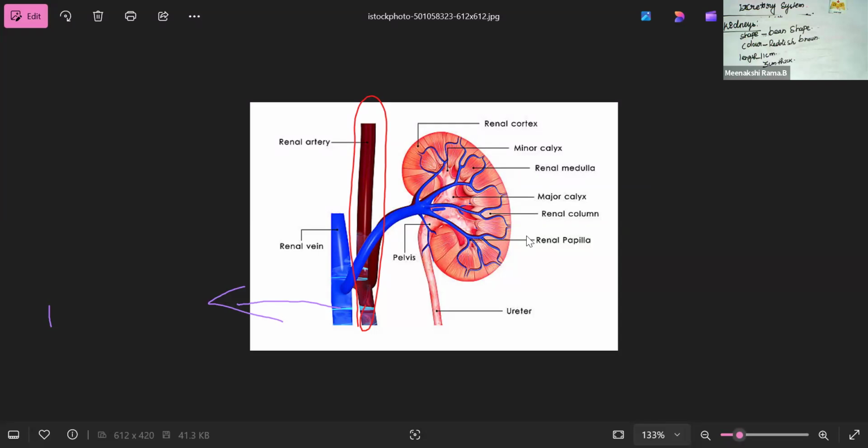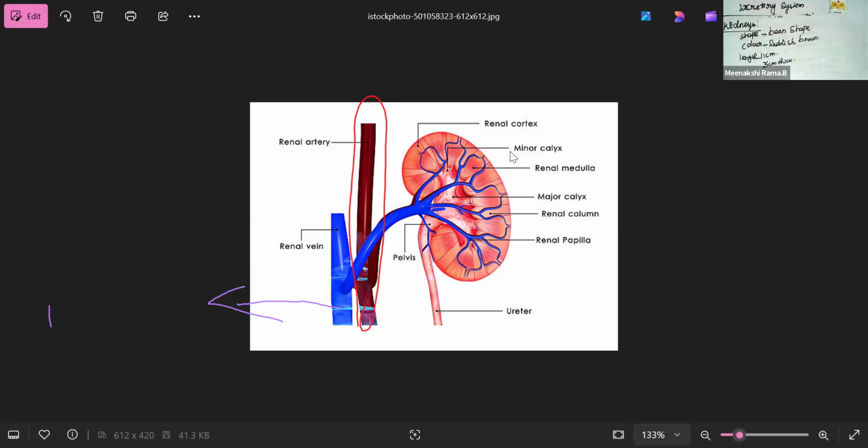This is known as the papilla part. The cortex is the outer region and this is the medulla part. Both of these regions contain the tubules or nephrons.